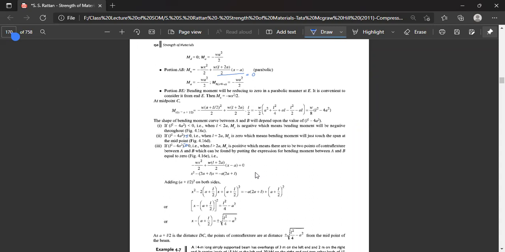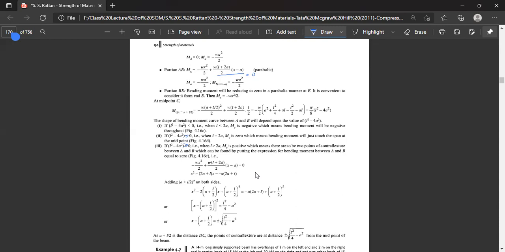And if we solve this quadratic equation, it will take this particular form, x equals minus b plus minus square root of b square minus 4ac.